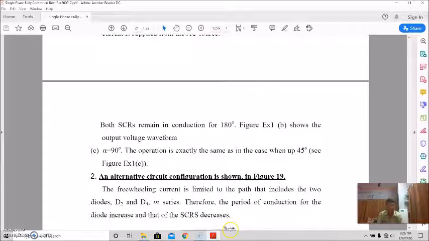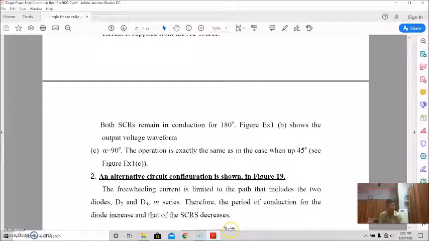From full control to semi-control, the only change we have made is that we have replaced transistor 3 and transistor 4 with 2 diodes, diode 3 and diode 4. Now how will we rearrange these 4 components, 2 diodes and 2 thyristors, in such a way that an alternative circuit configuration is formed?